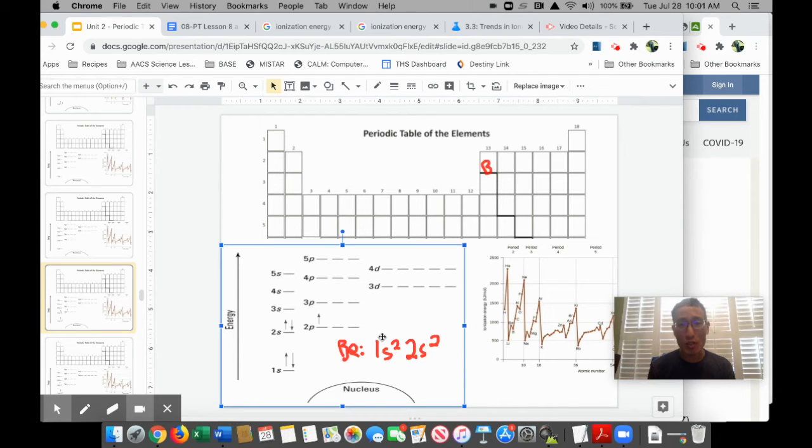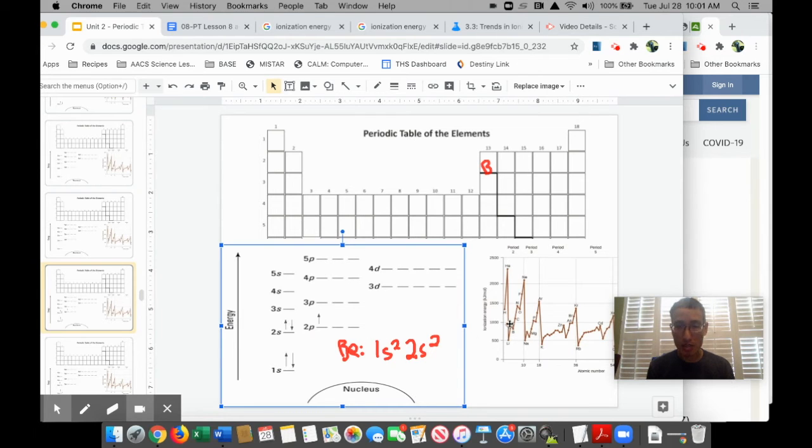So what does that tell us about when this thing is filled? Whenever things are harder to remove, it tells me that it's very stable. Remember, helium is super stable. It's got 1s, and the n equals 1 energy level is now filled, so it's really hard to remove that outer electron.